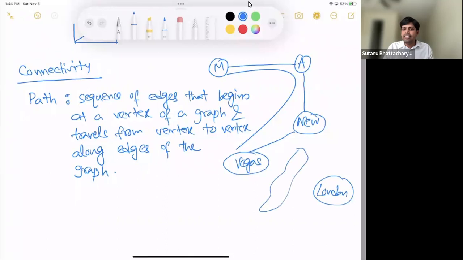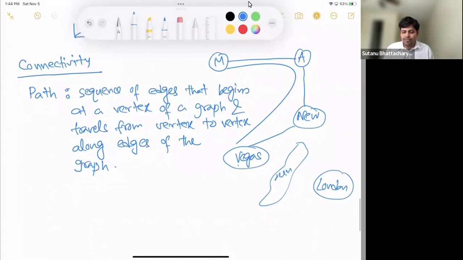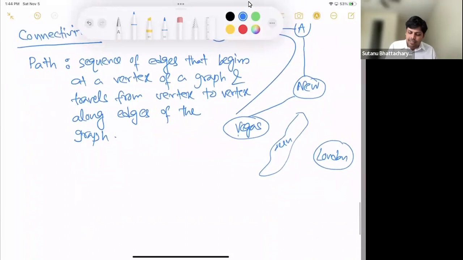So there is no path from Montgomery to London. Don't think about air path, only think about the land path. You cannot take a ship or airlines, anything. So in that way, from Montgomery to Vegas there is a path, but no path from Montgomery to London.